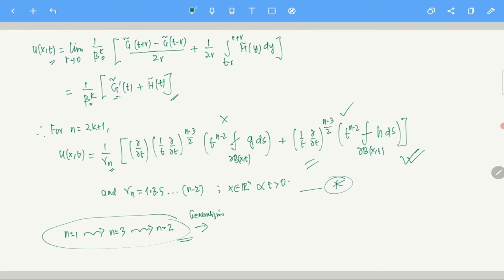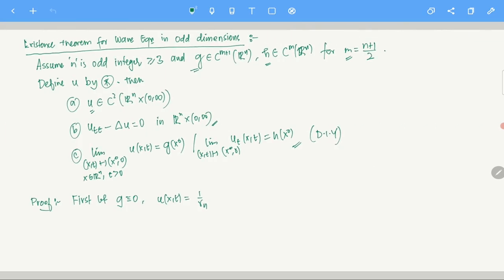Let us call this average capital H. So this is (1/t ∂_t)^((n-3)/2) of t^(n-2) H(x,t).